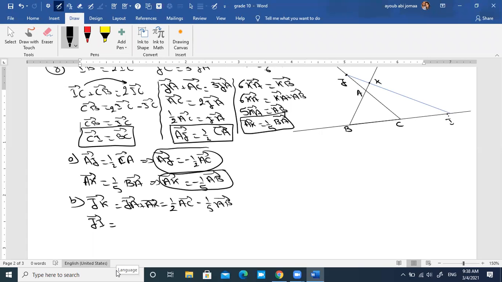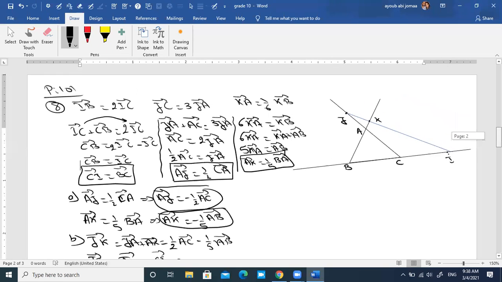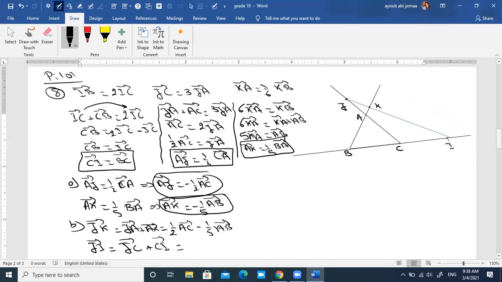So you get JC plus CI, which is equal to JC, it is 3JA, plus BC. CI equals BC. Yeah, just 1 moment. JC is 3JA.